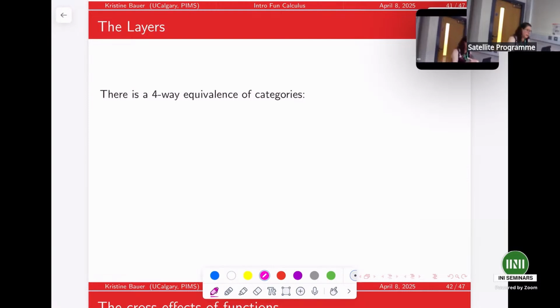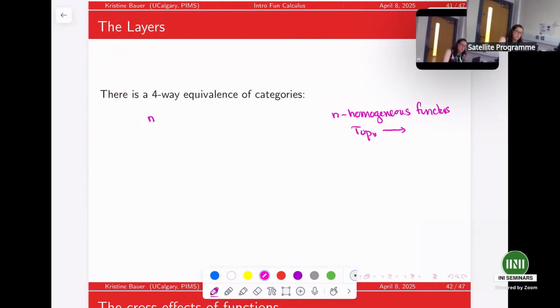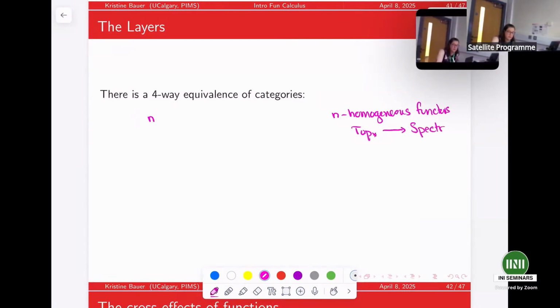The guide would tell you that there's a four-way equivalence of functors. On the right-hand side, let me start with n-homogeneous functors from top to spectra. I just told you that my derivatives are going to take values in spectra, so you should expect that I need to think about spectra here. If you don't want to deal with topological spaces and spectra, because I promised you we could be doing this more generally, you can, but it's easier for me to think about this in top, so I did.